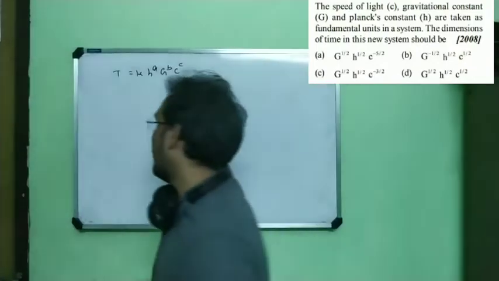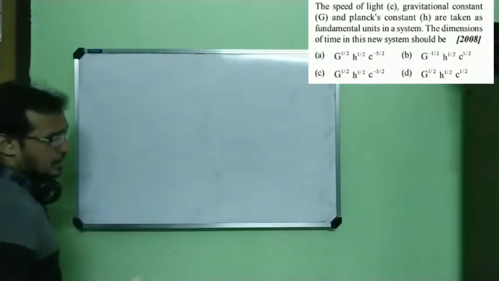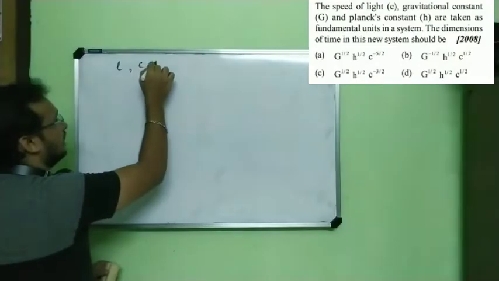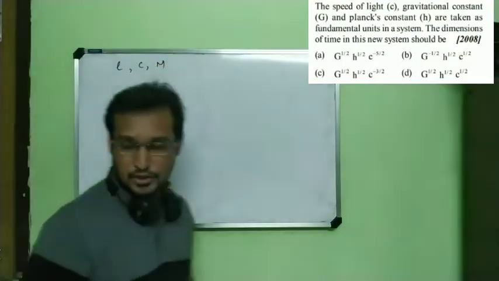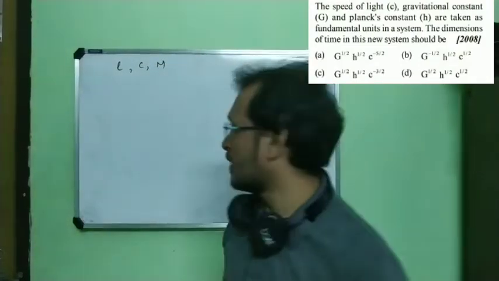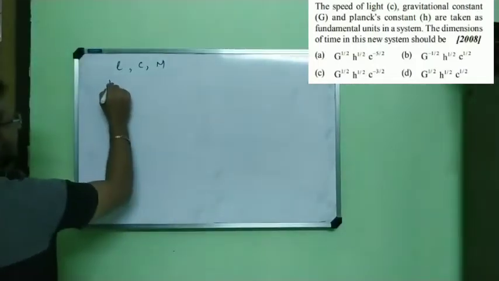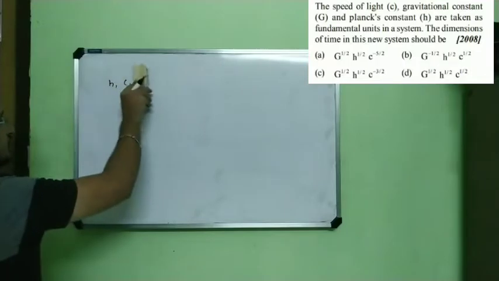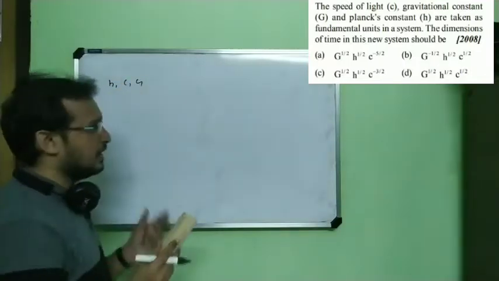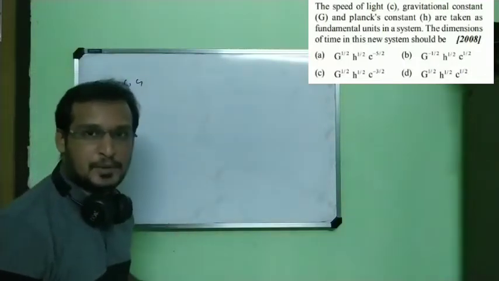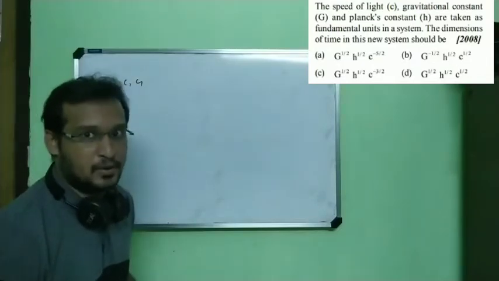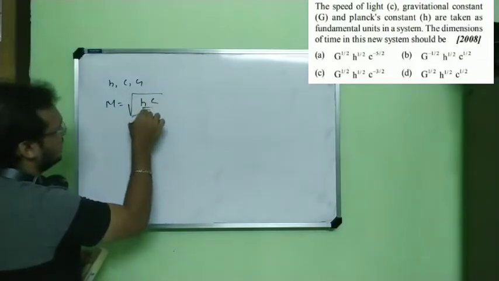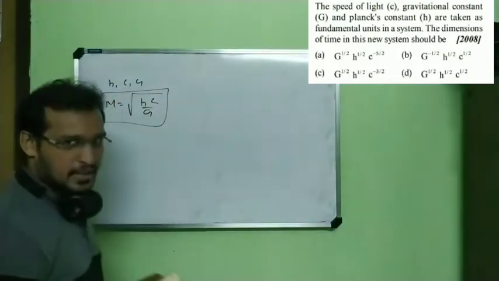See, what you have to do is, they will either ask the dimension of length, or c, or mass, like that, based on G, h and c. Just do one thing. Just learn the formulas by heart. If h, c, G, that is Planck's constant, speed of light, and gravitational constant, are taken as fundamental quantities, then the dimension of mass is given by root of hc/G. Learn this by heart to save time.